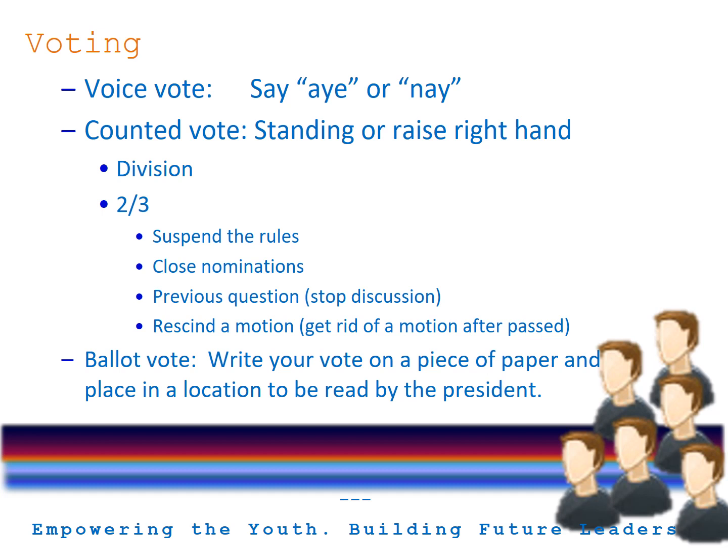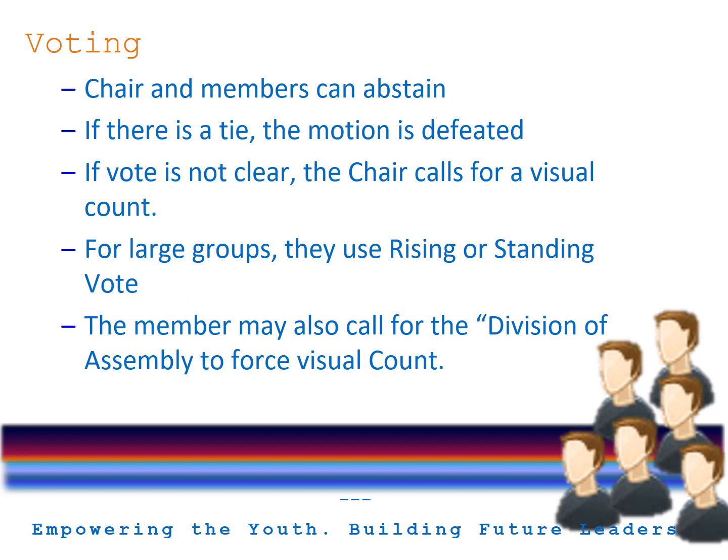They write the vote on a piece of paper and place it in a location to be read by the president after everyone has cast their votes. The chair and members can abstain when voting. If there is a tie, the motion is technically defeated.